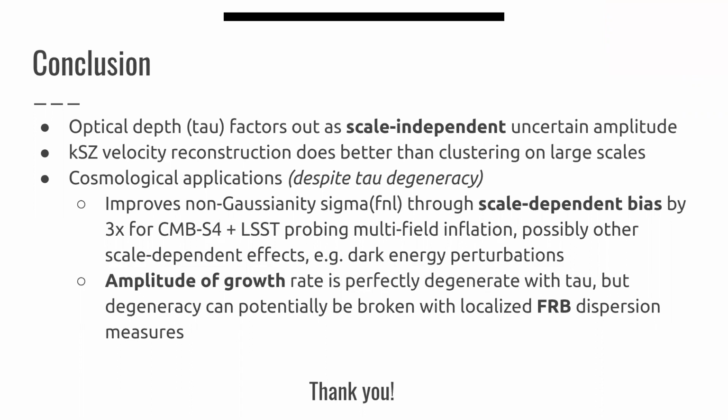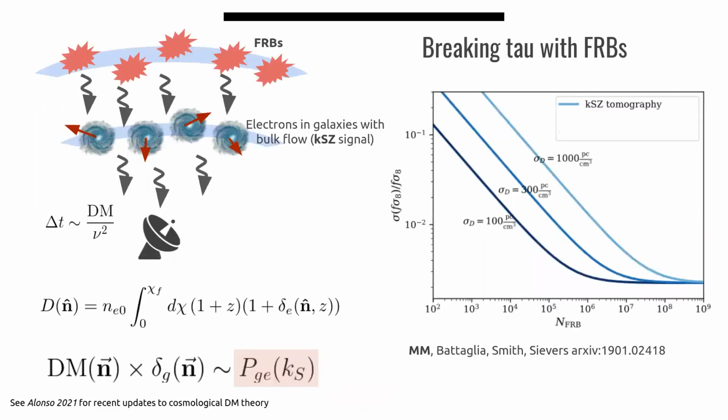Matt, thank you for a very interesting talk. I have a quick question. You are using FRBs to get tau, the optical depth, to get the velocity field. Now, the tau you get from DM is not only coming from electrons in the vicinity of the galaxy, it's the whole entire column, which means that there is a lot of contribution to the tau that is coming from the IGM, right?